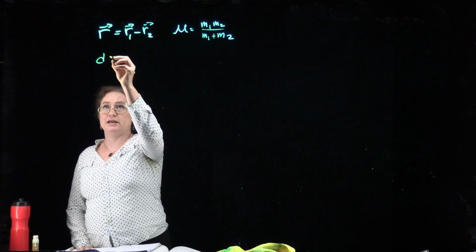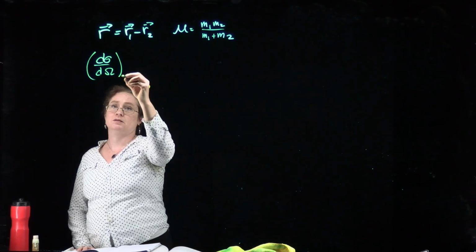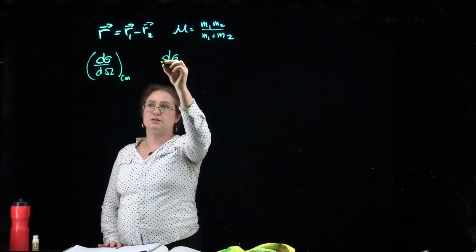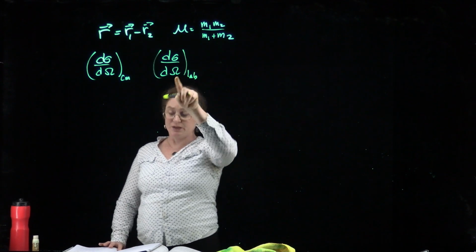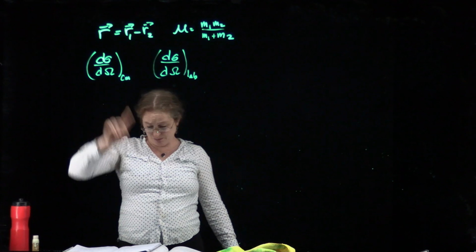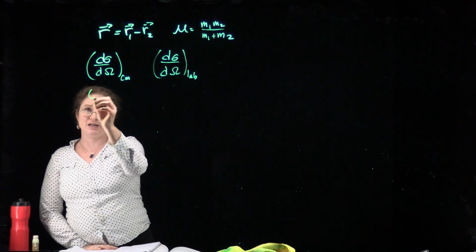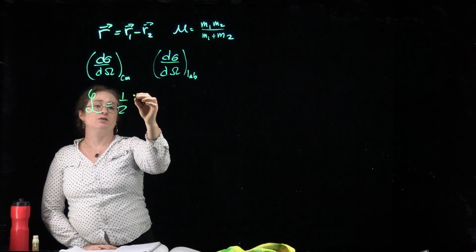So we want to relate d sigma d omega in the center of mass and d sigma d omega in the lab frame, where this is actually what we measure, but usually this is what we actually are able to calculate. So we can go back just to understand how this works and look at our Lagrangian in the center of mass frame.